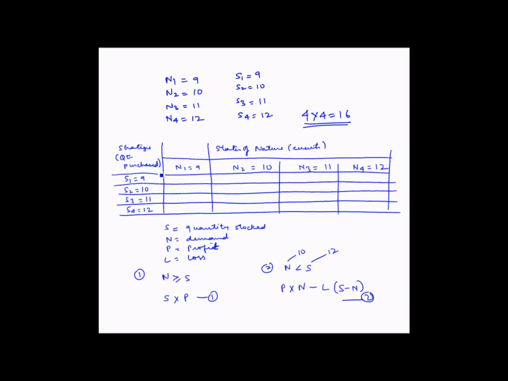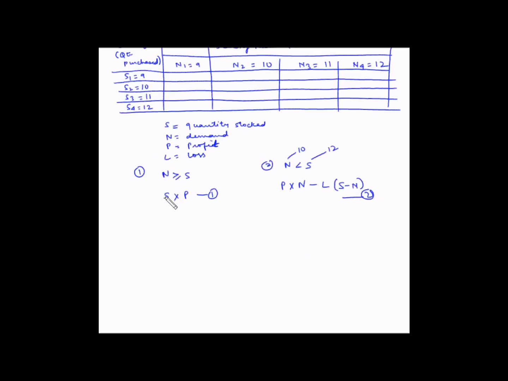So let's take an example of each of these cases and see how you can calculate all the payoffs. So for the first scenario, let's take N is equal to 10 and S is equal to 9. So here you can see N is greater than S. So since our demand is higher than the quantity stocked, we'll be able to sell all the magazines that we have.